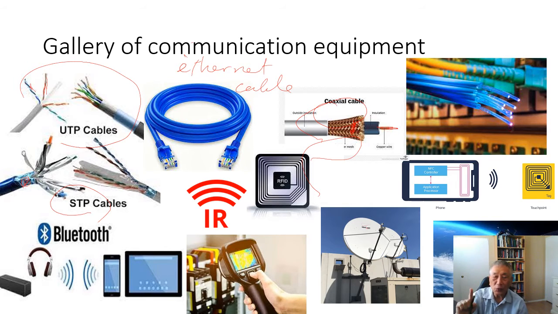Ethernet is one protocol of LAN, the most popular form of protocol or standard for these connections. So there's an Ethernet cable with 8 connections here, and you plug it in. And then there's coaxial. This is fiber optics.